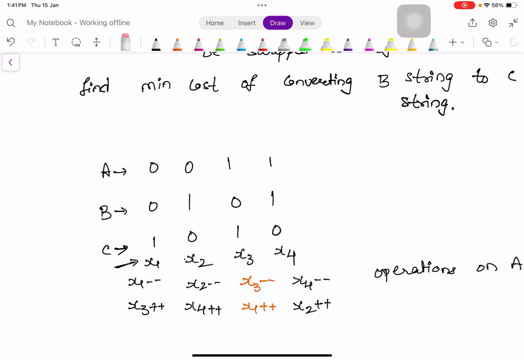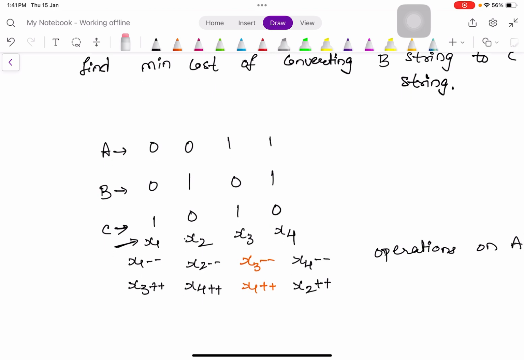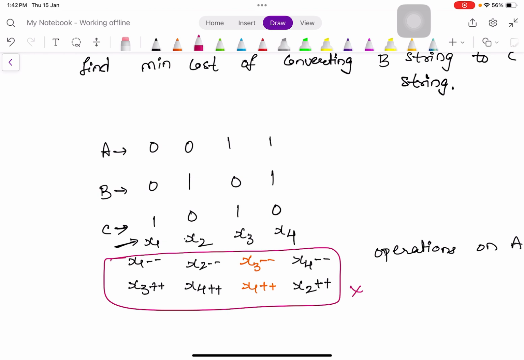I call each of these configurations x1, x2, x3, and x4. For now, let's not focus on the x1 minus minus and all that I've written. We are having 4 configurations with us: 0, 0, 1, 0, 1, 0, 1, 0, 1, 1, 1, 0. These are the configurations which need to be changed.